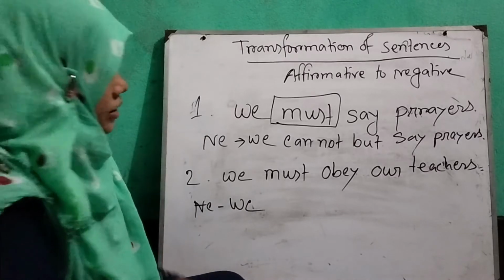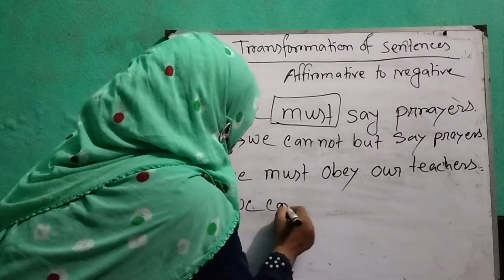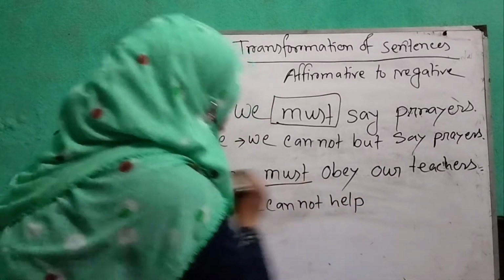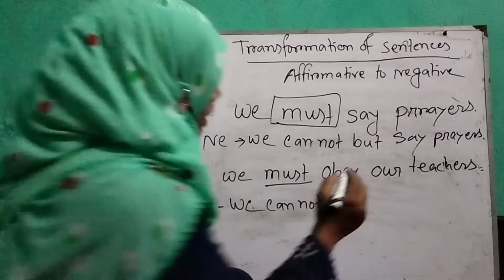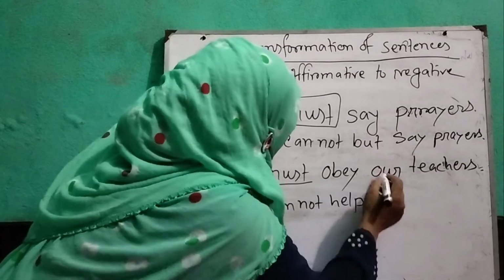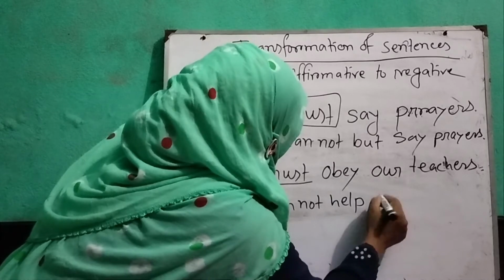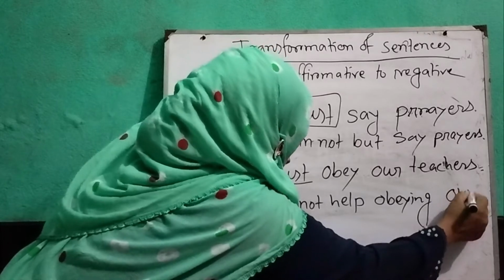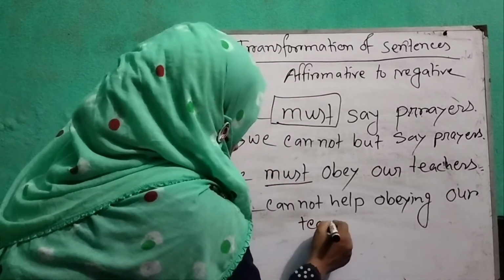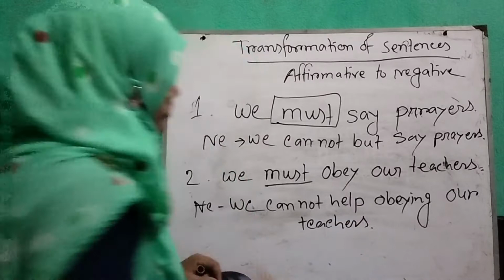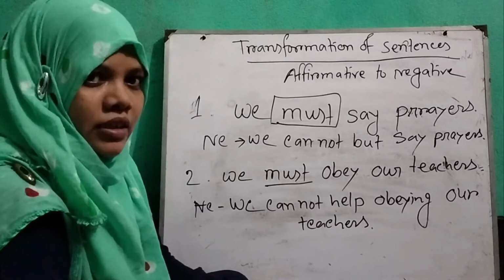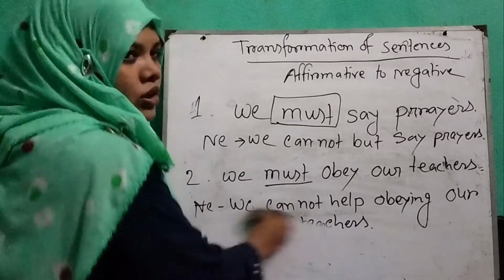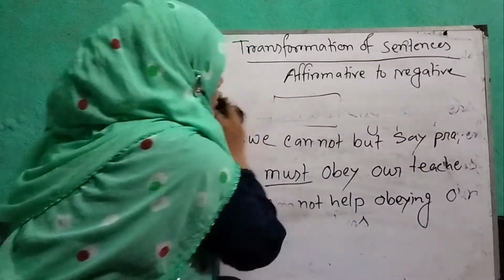If we write cannot help instead of must, then we have to add obeying, ing with obey, our teachers. Okay, do you understand? Hope you understand.